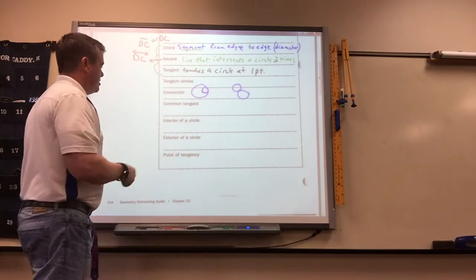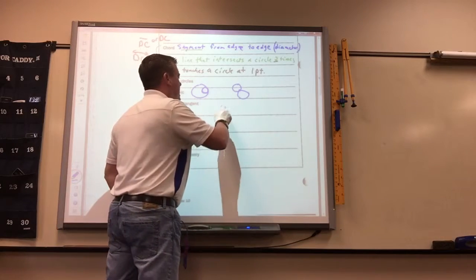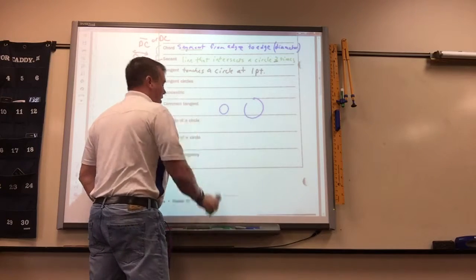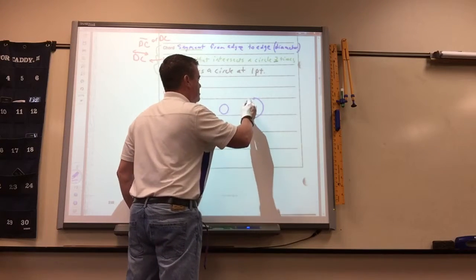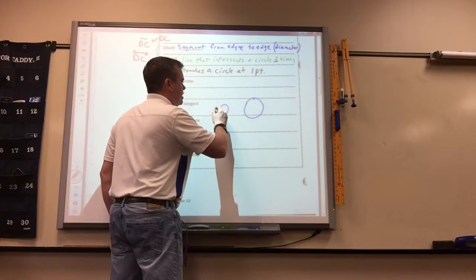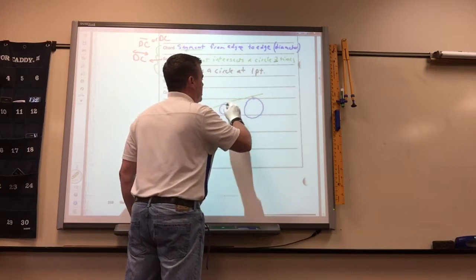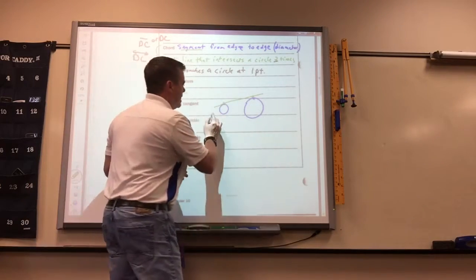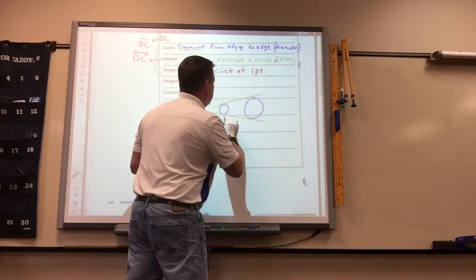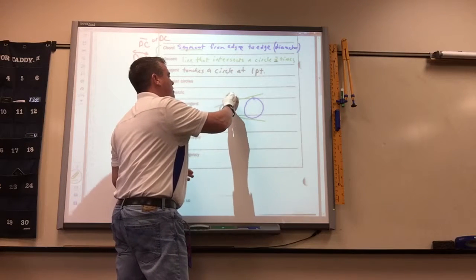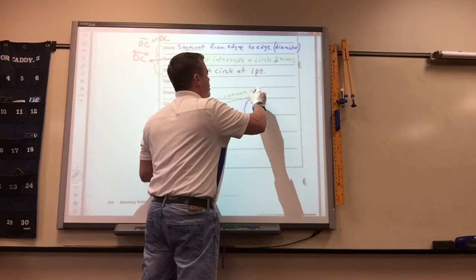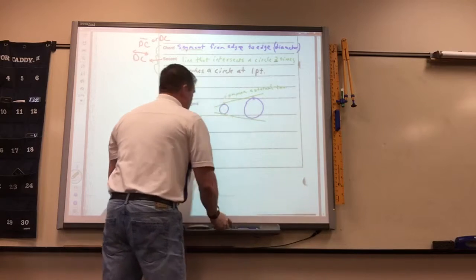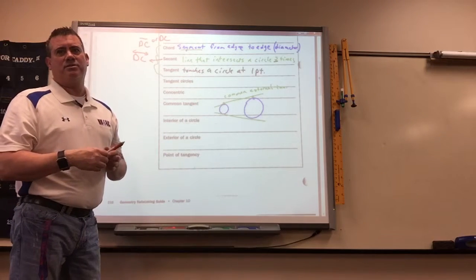A common tangent. A common tangent is if you've got two circles and I draw a tangent that touches both of them, like this. Pretend it touches there. So there's a common tangent because it touches them both. And I could draw one here. There's another common tangent. These are called common external tangents. You can also have common internal tangents.